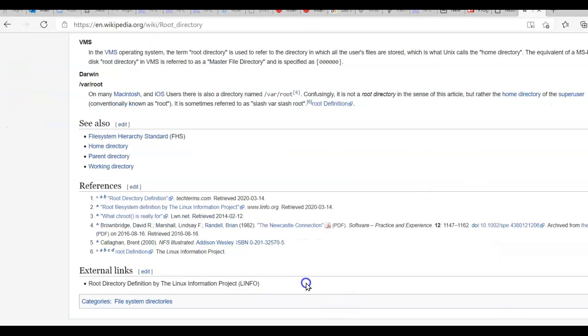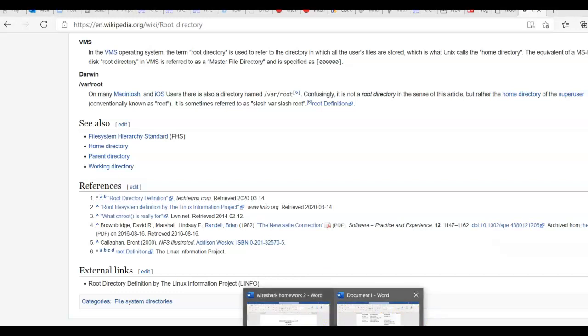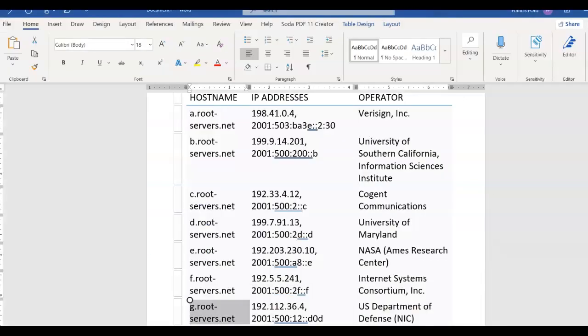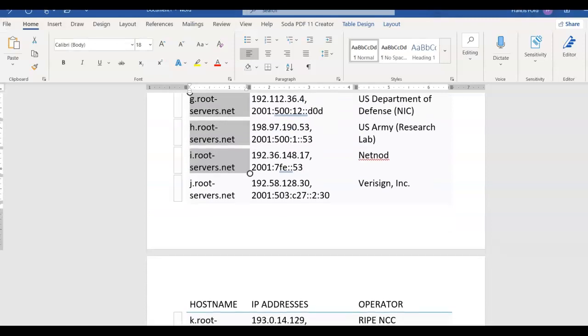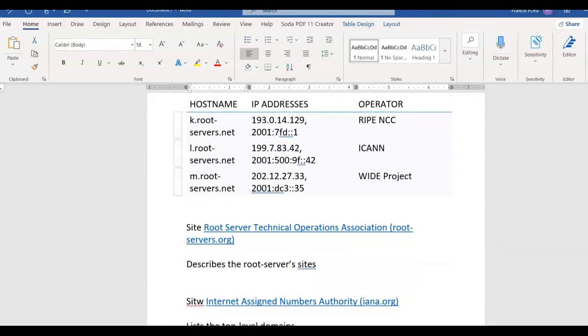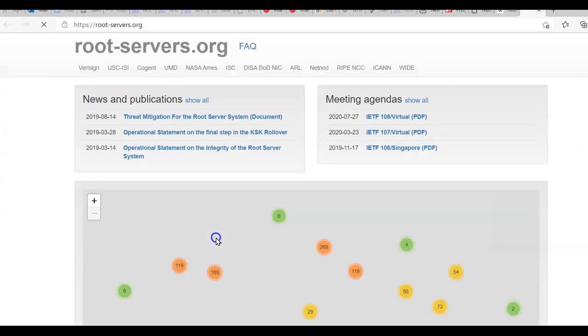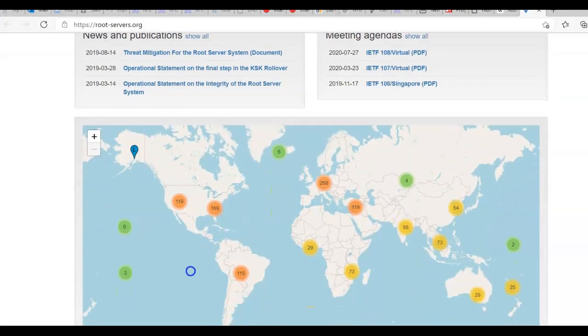But you'll find out that each of these sites, each of these setups actually has many different places where they store their directory. Here it is. This one right here. I knew I had it. Pardon me. This shows you across the whole country how many sites there are and where they are.